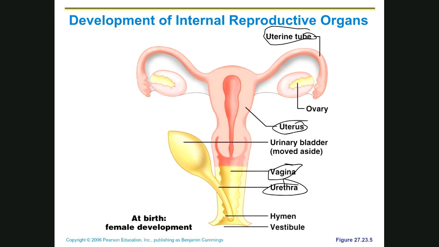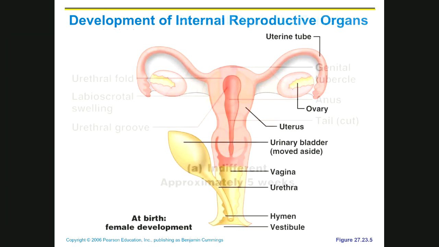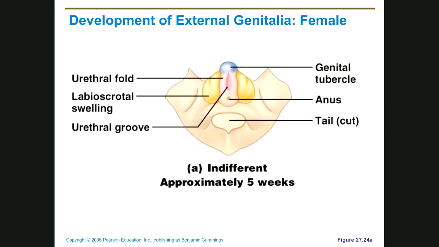If we look externally, remember, here's our indifferent one. Well, look, we said this could become either a glans penis or a glans clitoris. Well, now it's going to become a glans clitoris. This opening is going to stay there. It's going to be opened up. It's going to form the opening to the vagina.